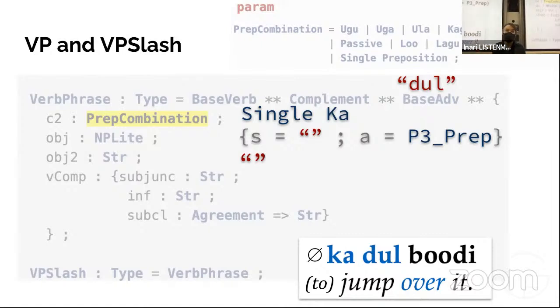It had ka in the C2 field, and the object, which was just an empty string with third person P3 prep. But now that C2 is a prep combination, and we don't have any other verb or adverb that introduces another adposition, then the C2 field of VP will just be single ka. I'll show you more complex combinations later.